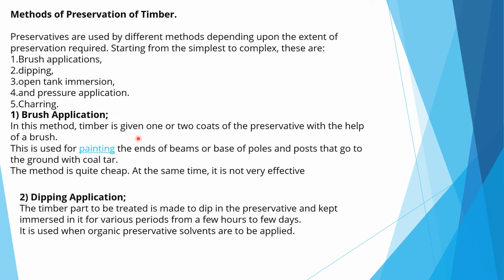In this method, timber is given one or two coats of the preservative with the help of a brush. This is used for painting the ends of beams or the base of poles and posts that go to the ground with coal tar. The method is quick and cheap. At the same time, it is not very effective.